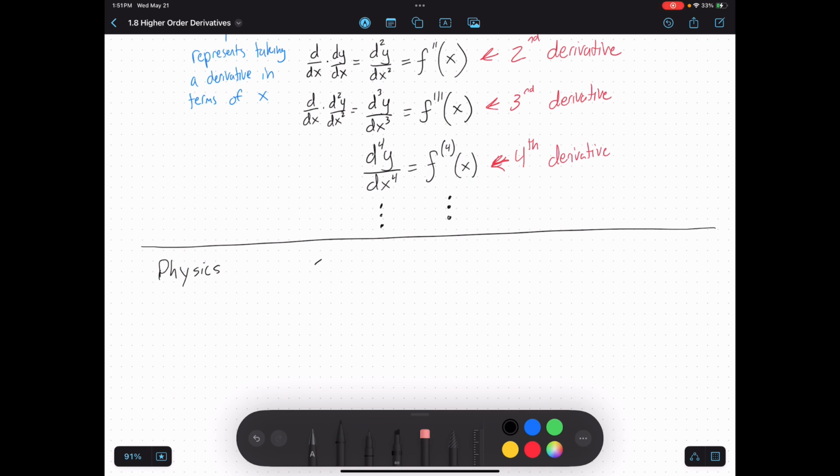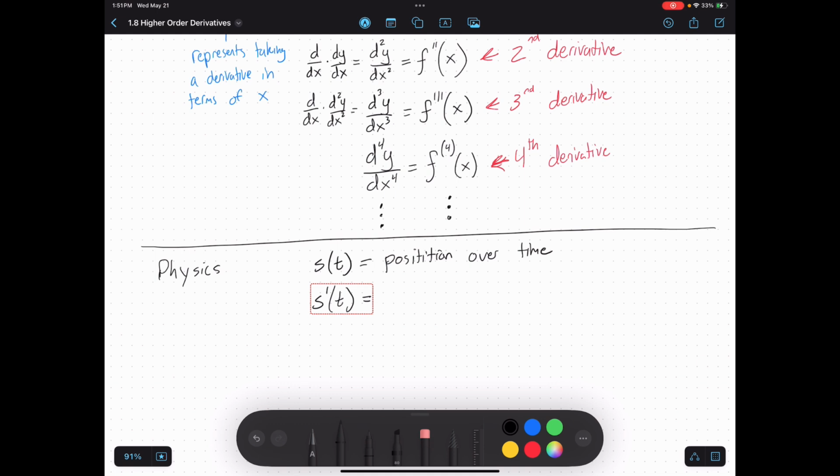So with physics, remember, a lot of times we will have a position function measuring a position of an object over time. Where is the object after a certain amount of time? And so if we think about, hey, what does the derivative represent? What does s prime of t represent? What is a derivative again? A derivative is an instantaneous rate of change.